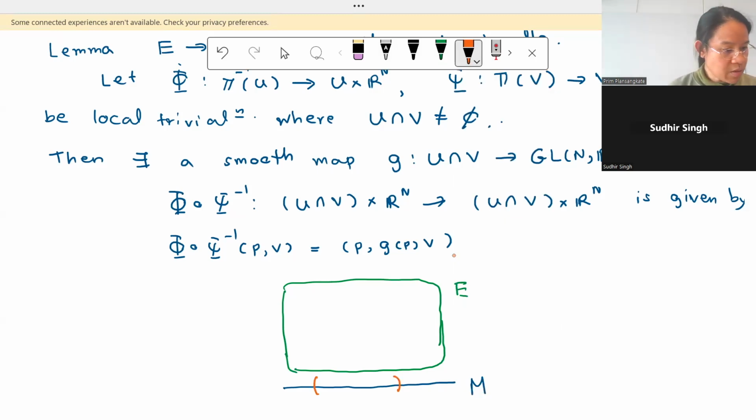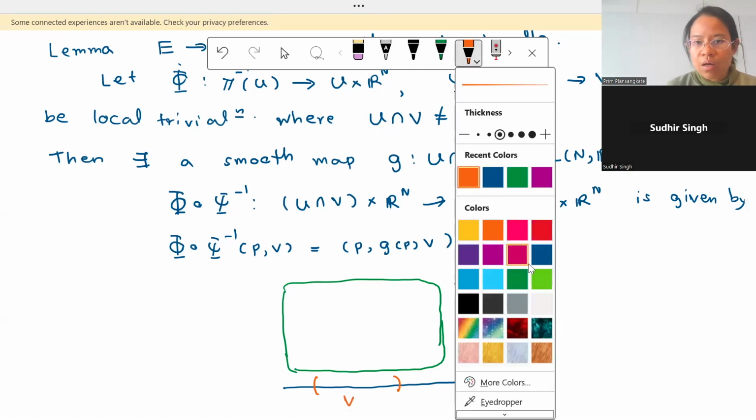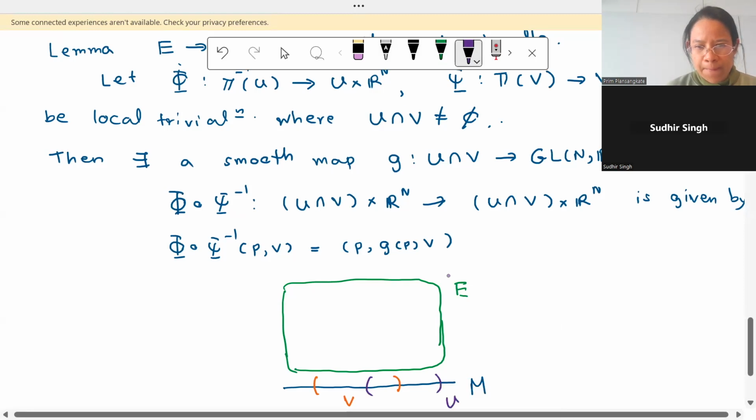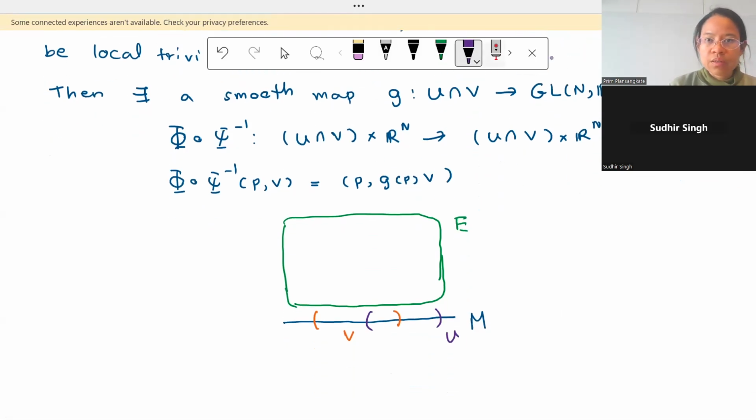This is V, and this is U. So this is the preimage of V under pi.